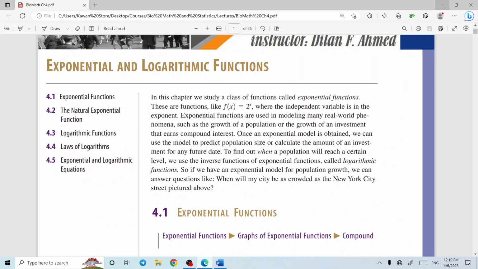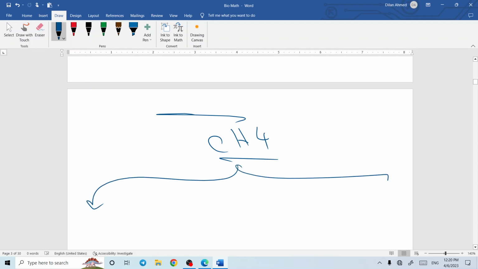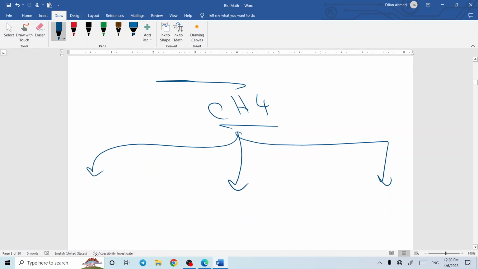In this chapter, chapter 4, we are talking about 3 important things. First, before we start, we need the graphs.